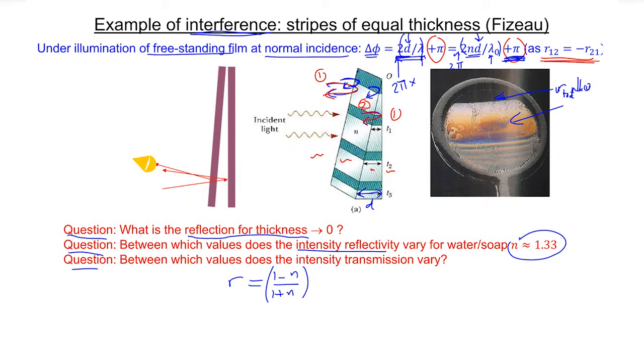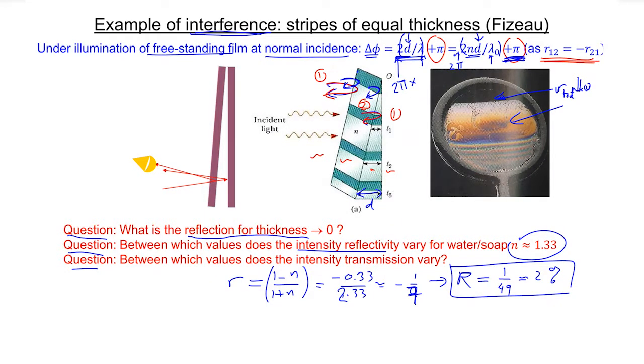If you plug in this number, and I have to do it by memory, it is approximately 1 over 4. So that means that the reflectivity of this film is approximately 1 over 49, so 2% intensity reflectivity, right? And you might have seen that I square, of course, to get from amplitude to intensity.